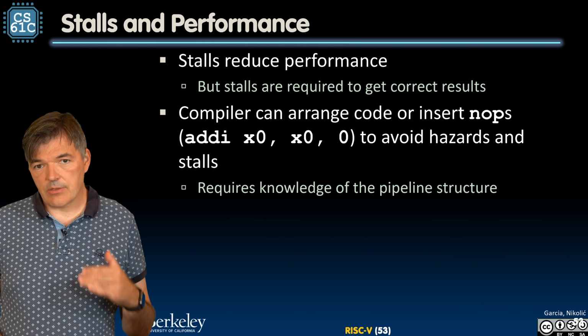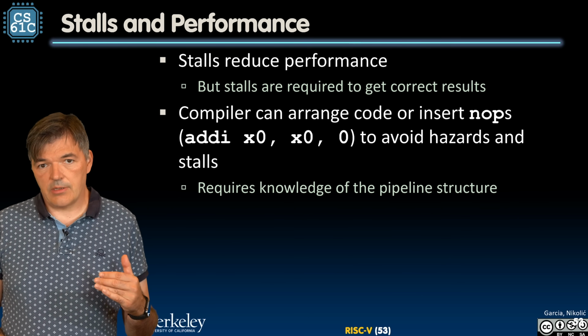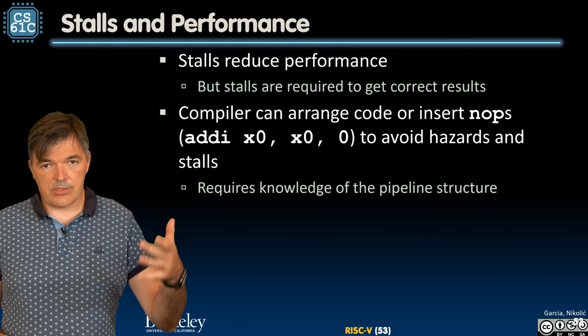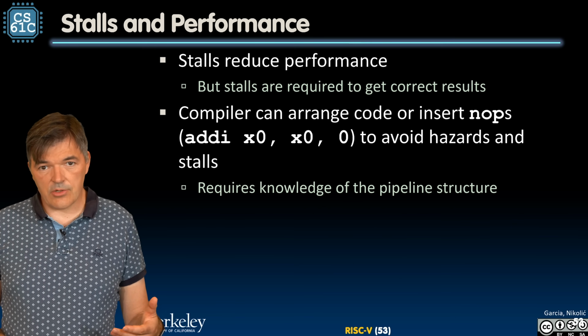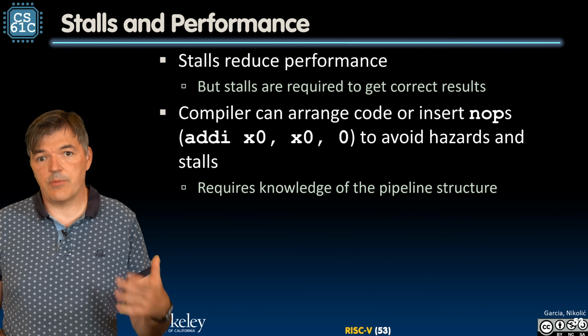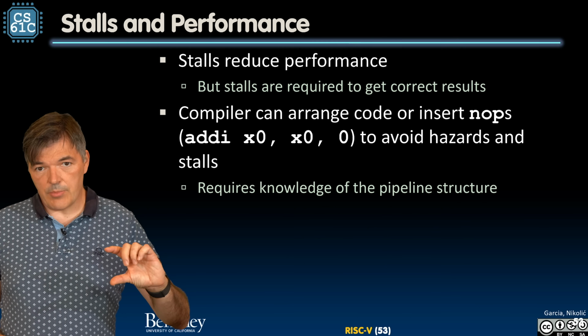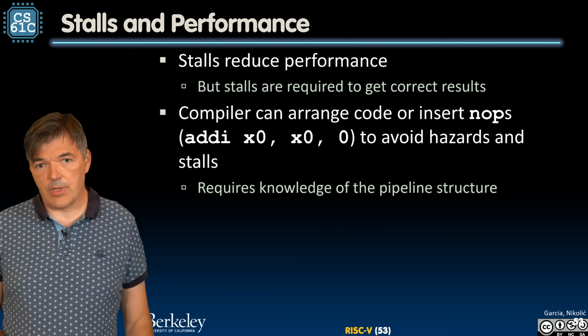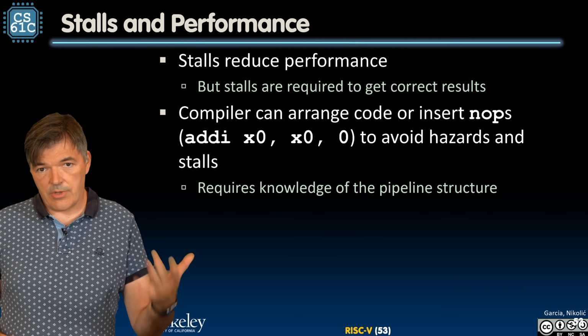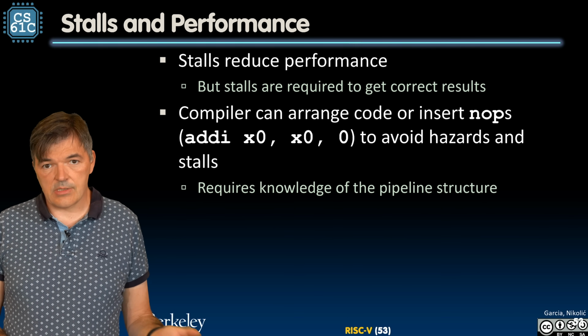Now, compilers generally try to do something to avoid that. So it'll go through our list of instructions that are following that add and try to find some instruction that is not dependent on the result of that add, and it is going to try to swap that sub with the instruction that does not depend on the result of the add. So that way we are not going to lose any cycles.